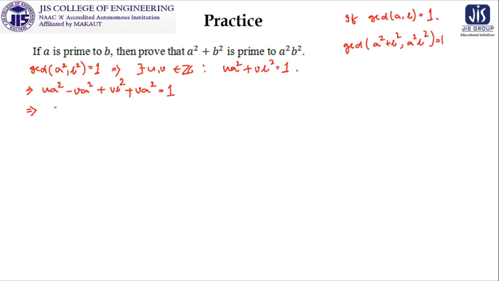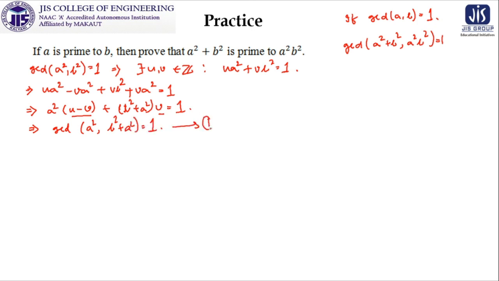But what we can write, a square (u minus v) plus (b square plus a square) into v is equal to 1. Again look at the representation. We can write it as u and v are coming from Z. We can write that GCD of a square comma b square plus a square is equal to 1. Equation number 1.